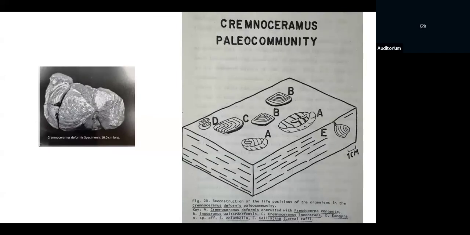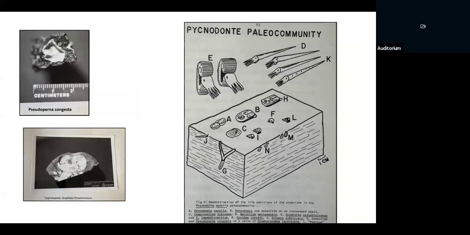The next one is a Cremnoceramus or Inoceramus rich community, mostly infaunal organisms in this community, although you also get some epibiont oyster sort of things on the Inoceramids. And then furthest offshore, you get what are called these pycnodontid paleo communities, rich in oysters encrusting these bivalves here. So you get a gradual change or shift as you go offshore in these paleo communities.